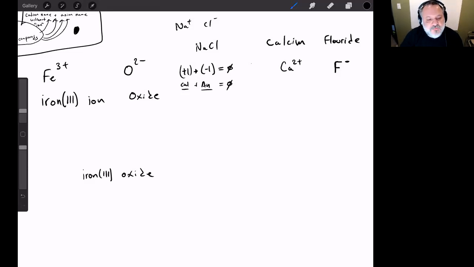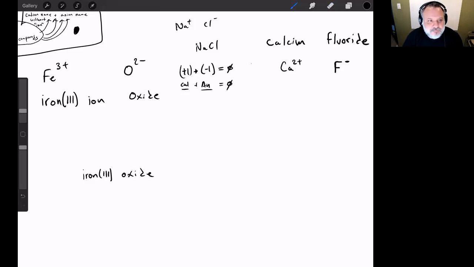If the ionic compound calcium fluoride is going to have an overall neutral charge, then how many fluorides do you need as compared to how many calcium ions? Well, the calcium ion has a 2+ charge. So you need more fluoride to balance that out. You need how many more? You need 2, right? Diana's helping me with my spelling, which is wrong, and that's going to happen often because I forget this one. Fluoride.